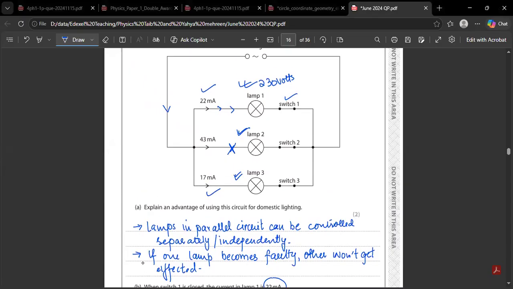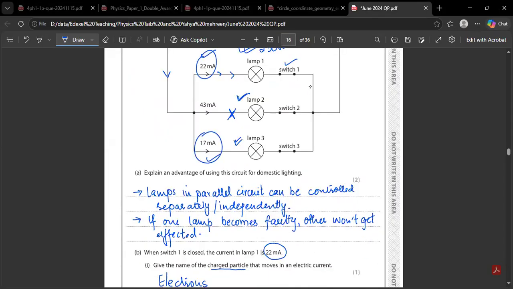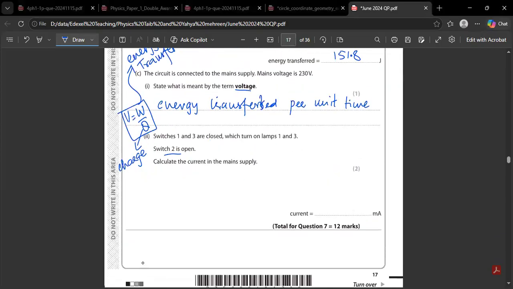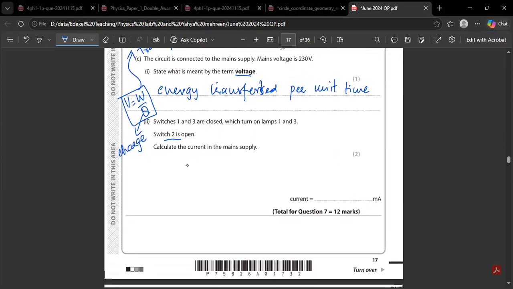When we add these two currents, 22 and 17, so 22 plus 17, it will be 39 milliampere, right? Okay, clear?